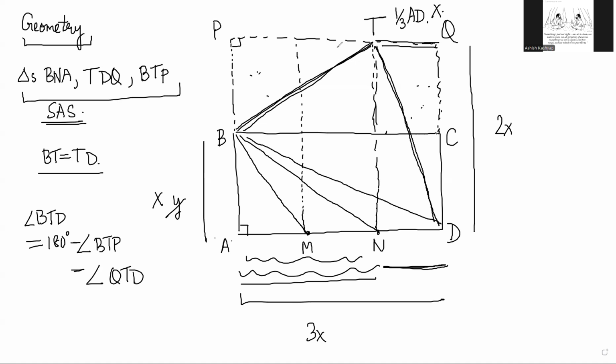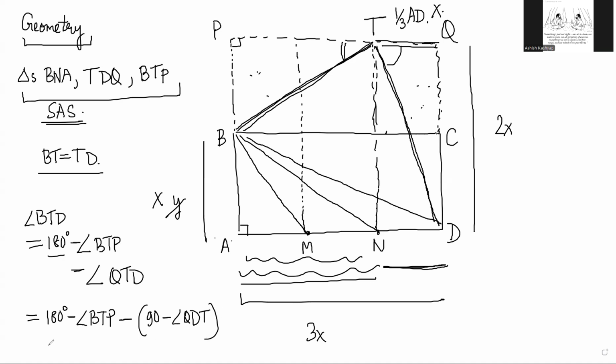Look at these: I am subtracting this angle and this angle. So BTD is equal to 180 minus these two. You can call that 90 minus QDT.